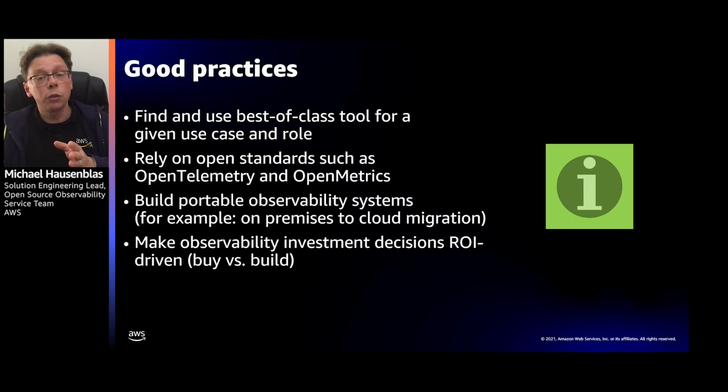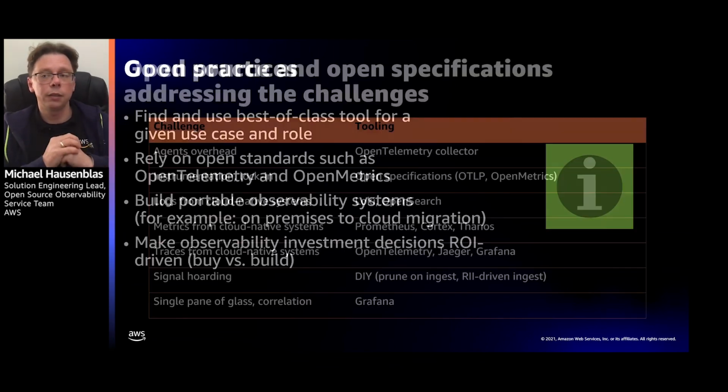And then compare that with what you get out of that. Can you, because of a new signal type like tracing, for example, in a microservices setup, iterate faster? Can you be more reliable? Can you ship more features? So keep in mind that you do want to make return on investment driven decisions here.